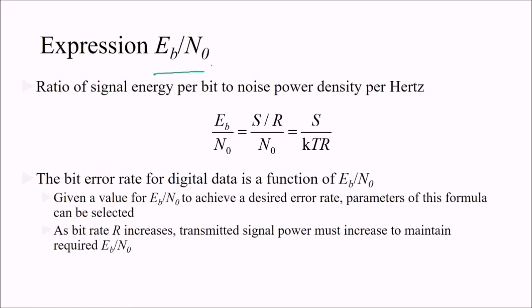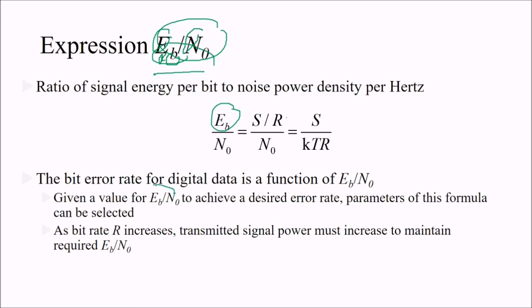And the expression is Eb/N0. So what is Eb/N0? It is the ratio of signal energy per bit to noise power density per hertz. Eb/N0 can easily be given by: Eb is nothing but S/R, so Eb/N0 = S/(kTR). The bit error rate of a digital signal is a function of Eb/N0.